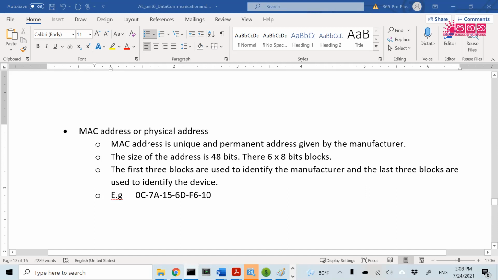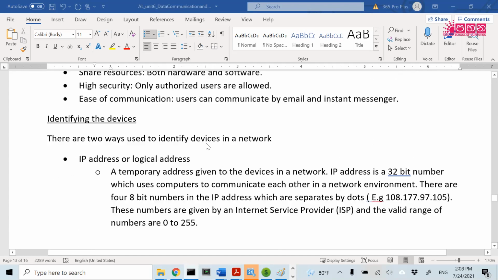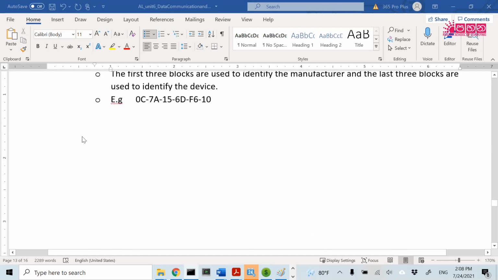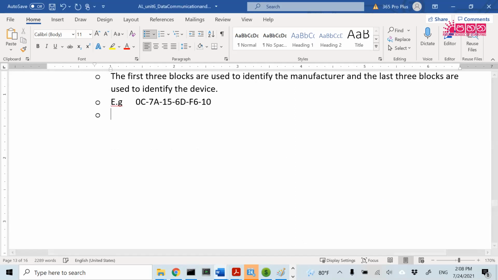This is for sending data from one point to another point, right? So now we actually completed the discussion of MAC addresses. So let's move on to the next subtopic, that is frames.